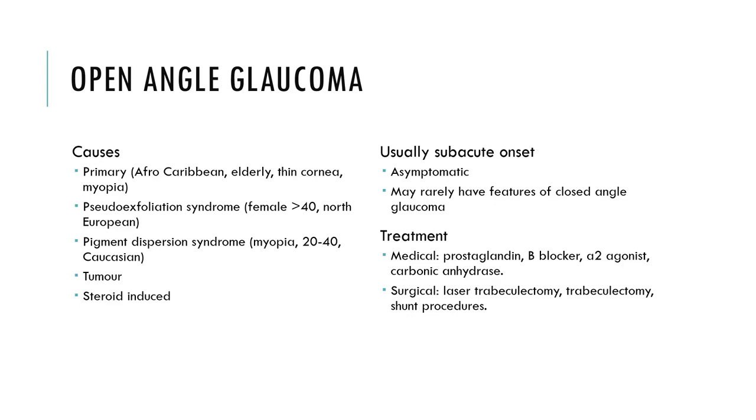We normally start off with medical, which is prostaglandins, beta blockers, alpha-2 agonists, and carbonic anhydrase inhibitors. Surgical can be via laser trabeculoplasty, surgical trabeculectomy, and also shunt procedures, which route the aqueous humour through a plastic tube to the outside of the eye.